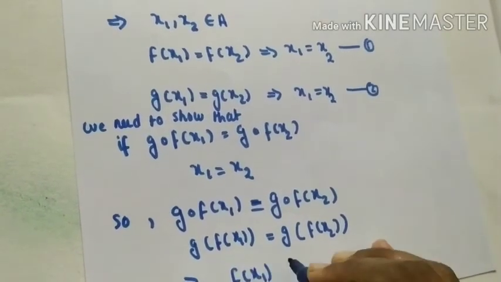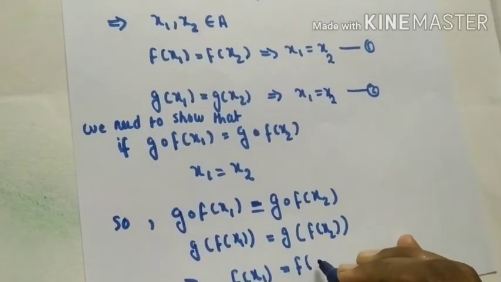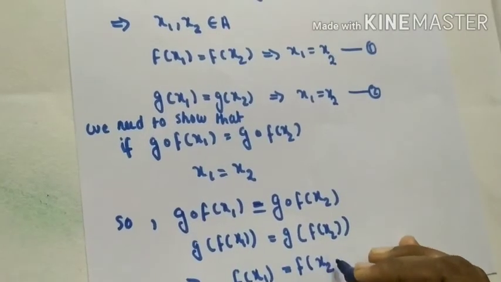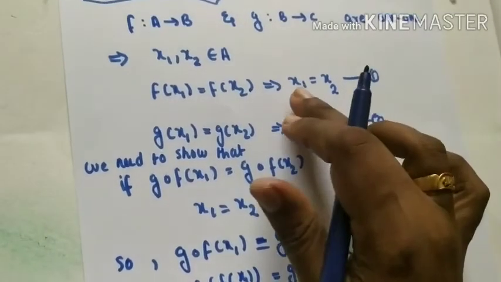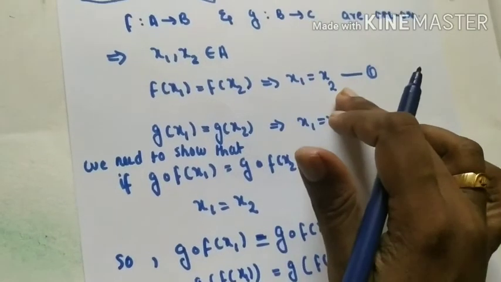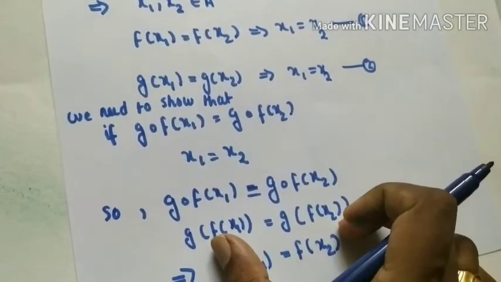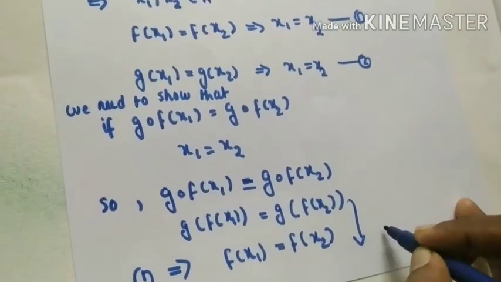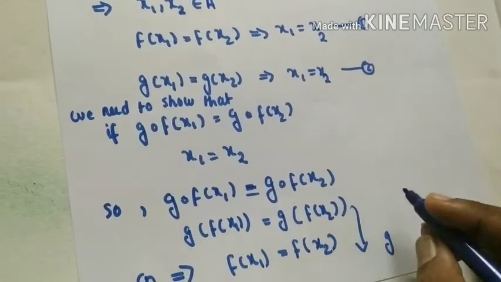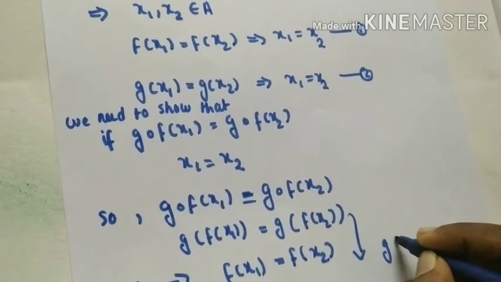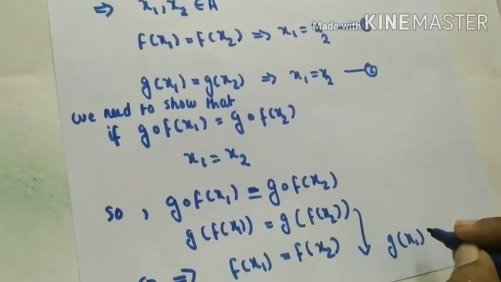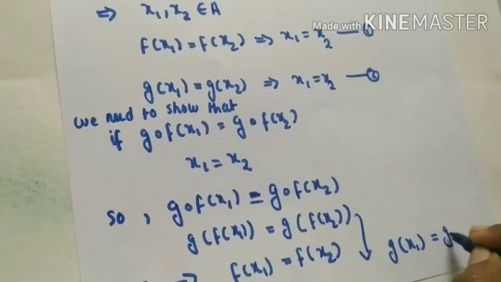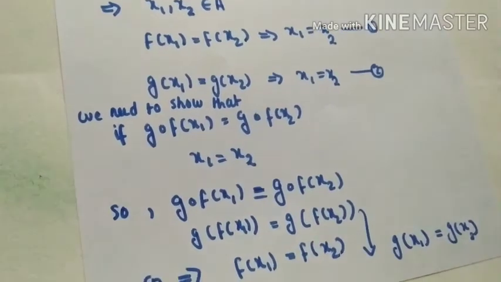f of x1 equal to f of x2, which also implies that x1 equal to x2. So this will become g of x1, and the second term will be g of x2.